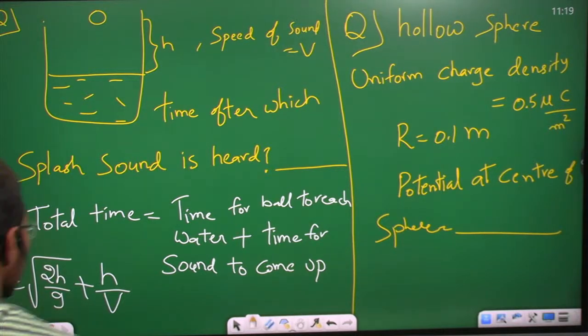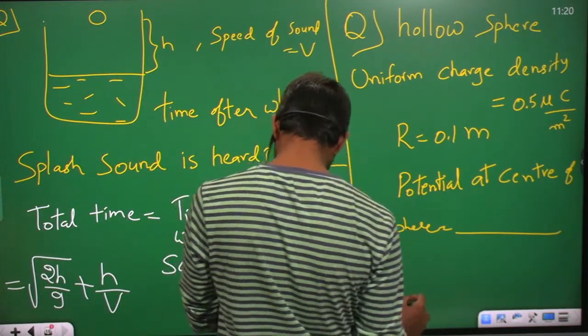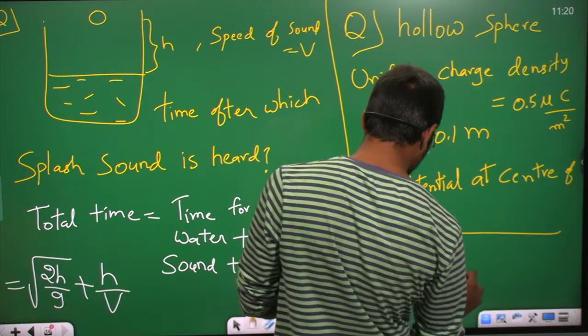Come on. How much do you get? Yes. See, check Soumya. It's not 180. Check. It's 1800 pi. See, how do you solve? See, V is equal to sigma r by epsilon naught.